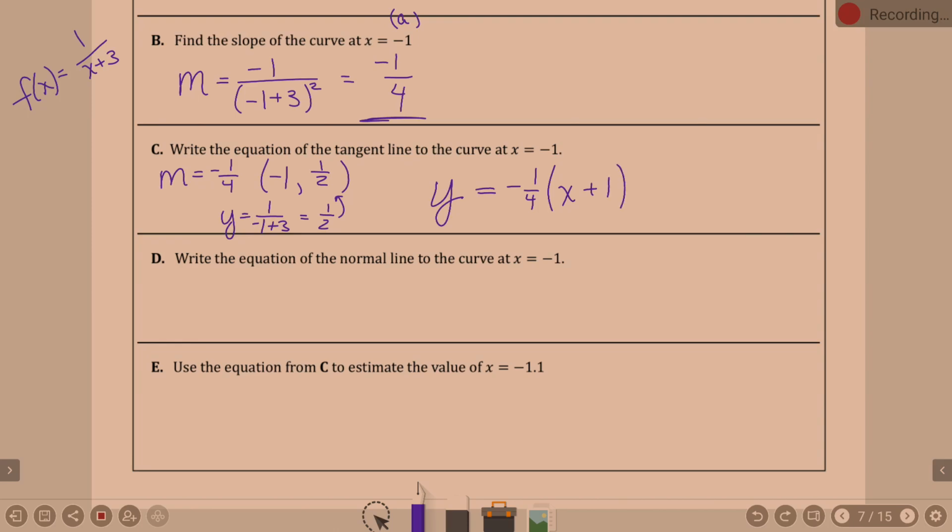Plus, and then what? Plus. Wait, would it be minus 1? Because, wait, no, it's plus because it's minus 1. Right.